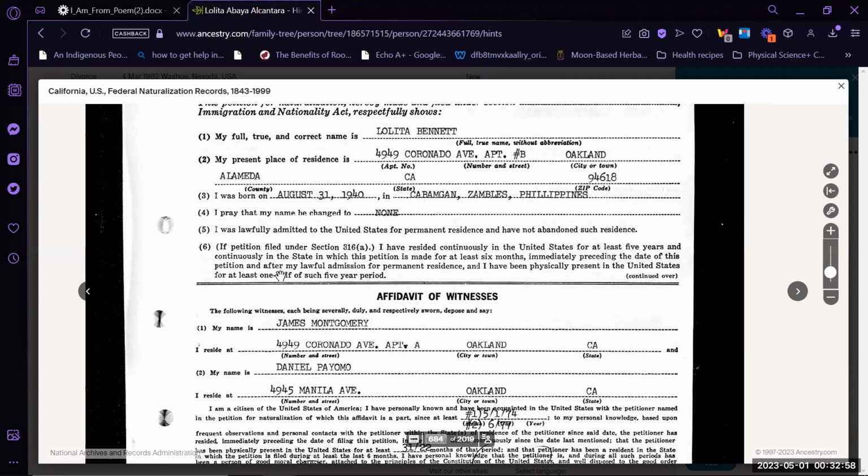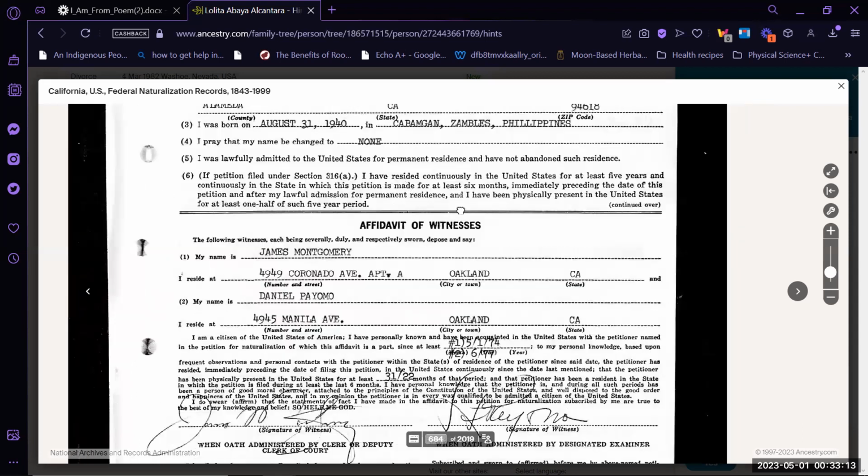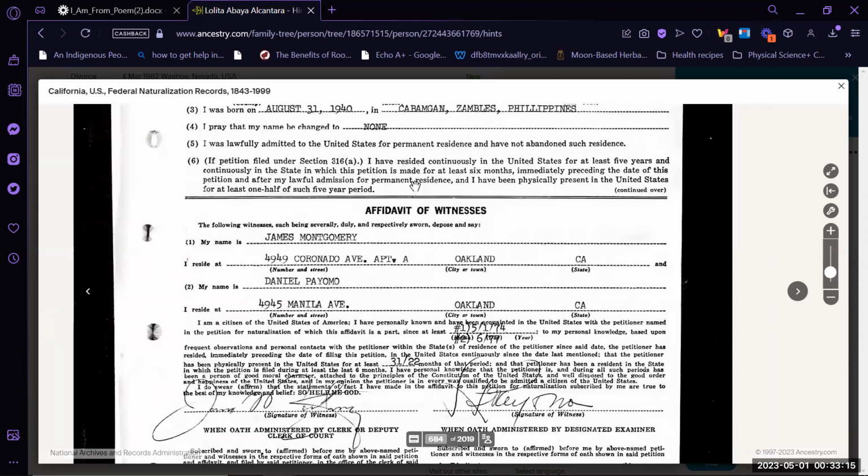And after my lawful admission for permanent residence, I have been physically present in the United States for at least one half of such 5-year period." So that explains the section she filed under. They said she was living in the United States for 5 years, and then when she moved to California, it was 6 months after.